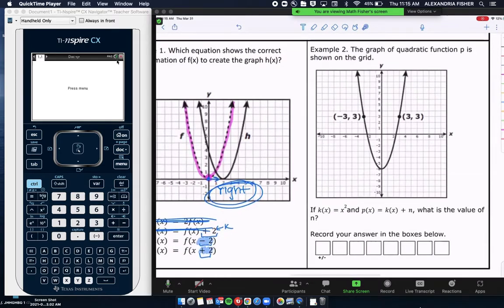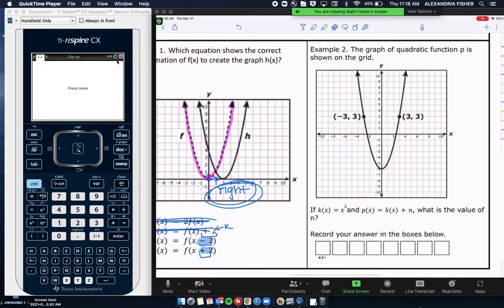So then let's look at number 2. Example 2. The graph of quadratic function p is shown on the grid. If k of x equals x squared and p of x equals kx plus n, what is the value of n? Record your answer in the box below. So remember, we always start at 0, 0. If we're looking at this point, did we go up, left, right, or down?